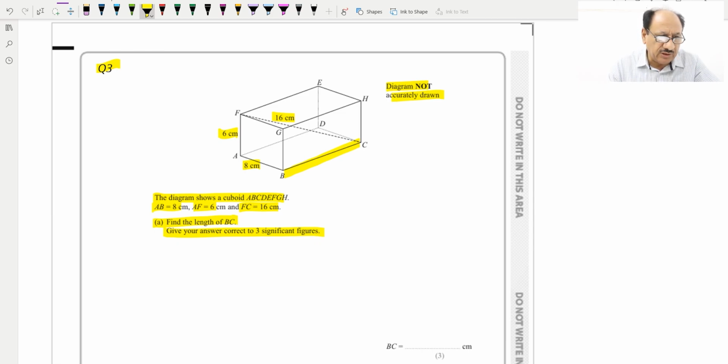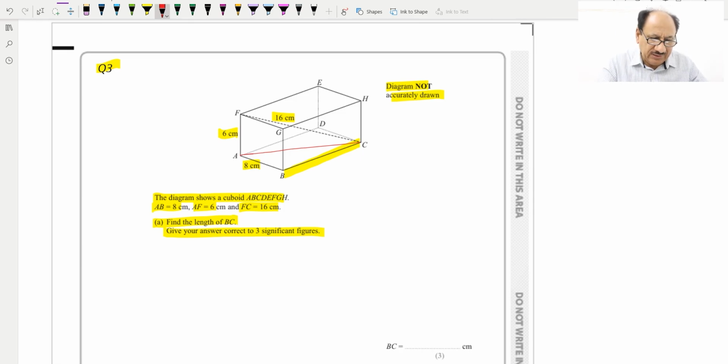Before this, what we can do is join A with C. So if we join A and C, this will be this one.